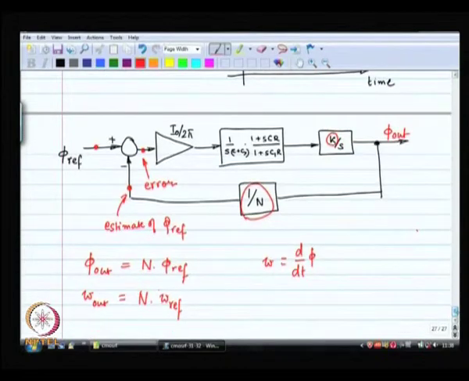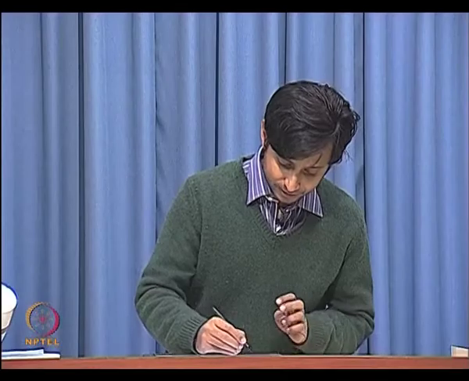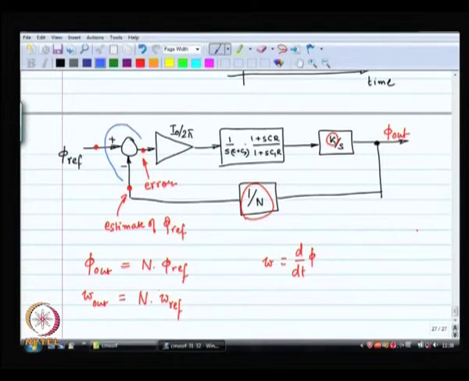We said that the loop bandwidth is constrained over here, right, to 1/10 of the oscillation frequency. Which oscillation frequency are we now talking about? Why did the loop bandwidth get constrained? The loop bandwidth got constrained because of this particular block. This block is not exactly like that, right.